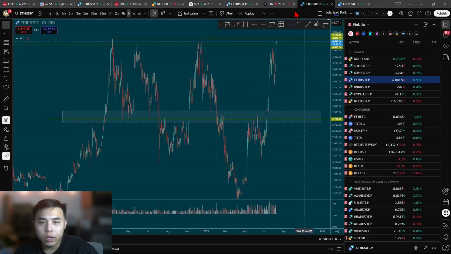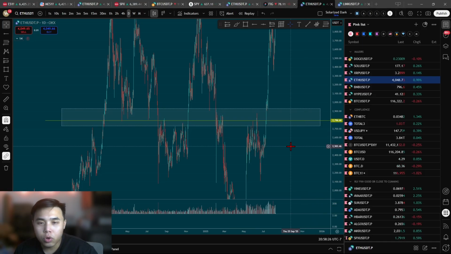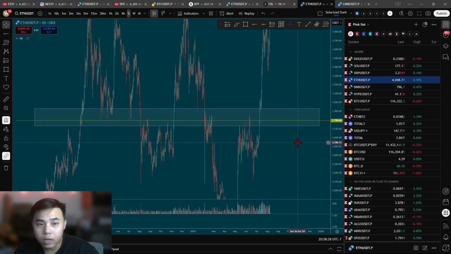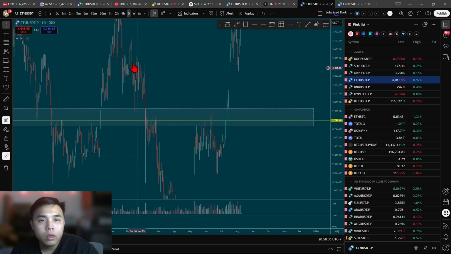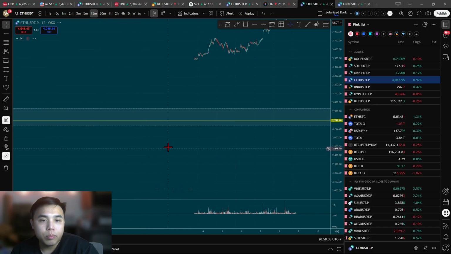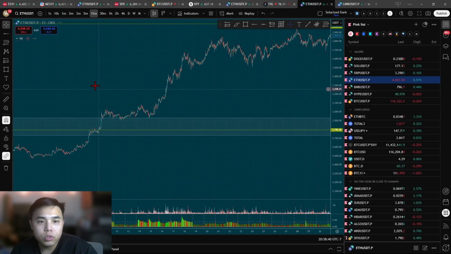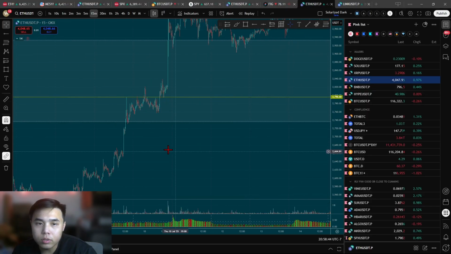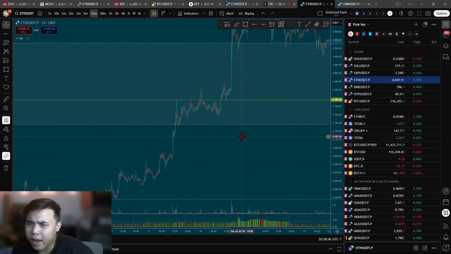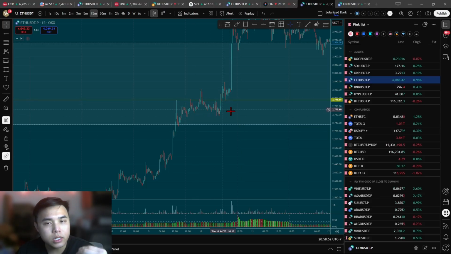And then you could also ask yourself, is there a psychological level that's close by? 2800. You could round up or down to that level. You can also zoom in to reactions at the level to see whether it has a reaction to 2800 exactly, or whether it's a very precise number.